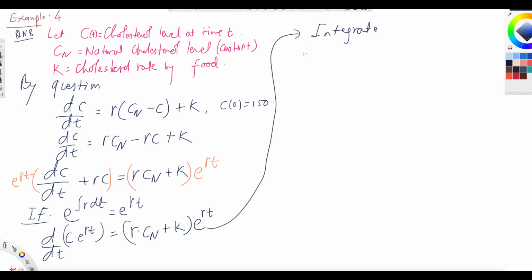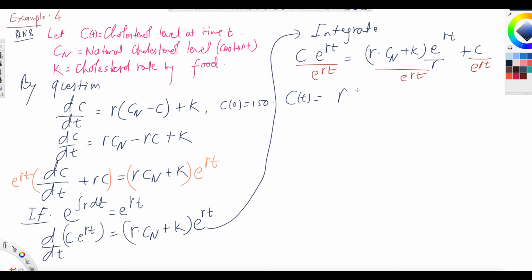You get C times e to the RT equals, on the right-hand side, R times C_n plus K, times e to the RT divided by R, because the integral of e to the RT is e to the RT over R. Now divide by e to the RT on both sides, and add the constant C. What do you get? You get C of T equals RC_n plus K divided by R. You see that?